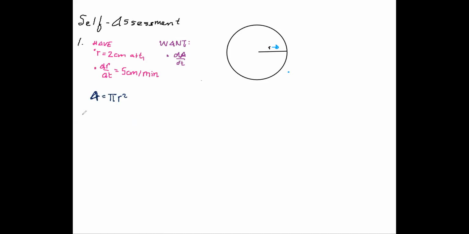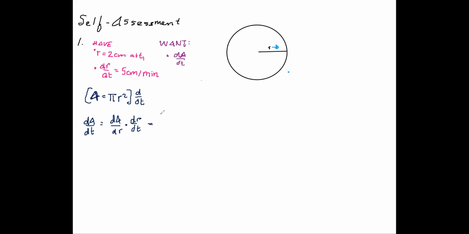Then I would take the derivative with respect to t, right? So you'll end up with dA dt is equal to, as we wrote down earlier, dA dr times dr dt. And dA dr is equal to what?